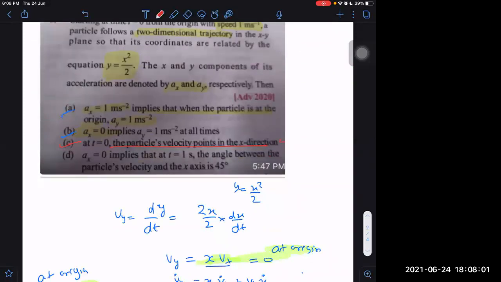So does it point along the x direction? If not, this is really ambiguous. The examiner may say that x direction means both sides, whether positive x or negative x. Or the examiner may think that it is just positive x. If they are saying just positive x direction, then I would say it is wrong. But they are just mentioning x direction only, so it may not be positive x. So I will be assuming C also to be right.